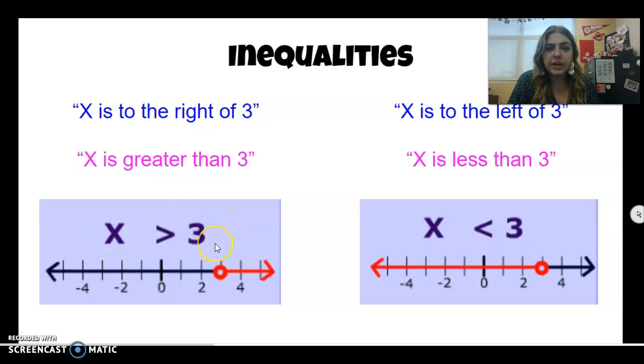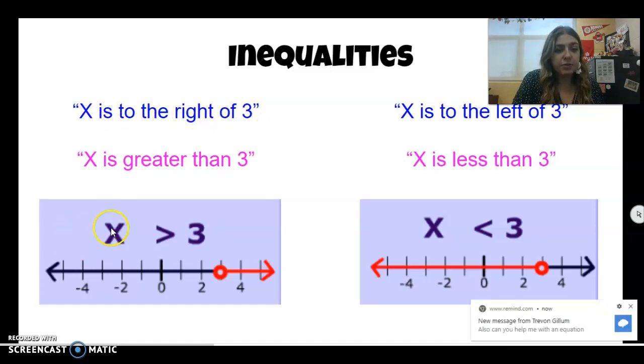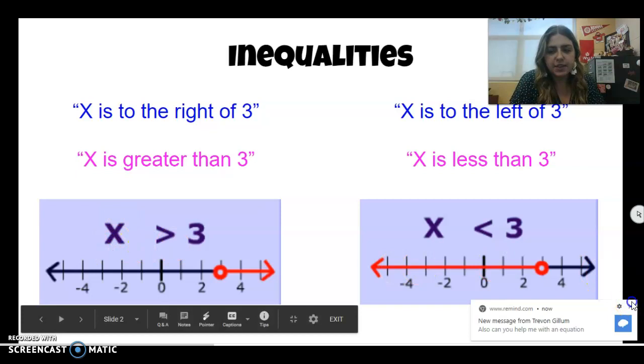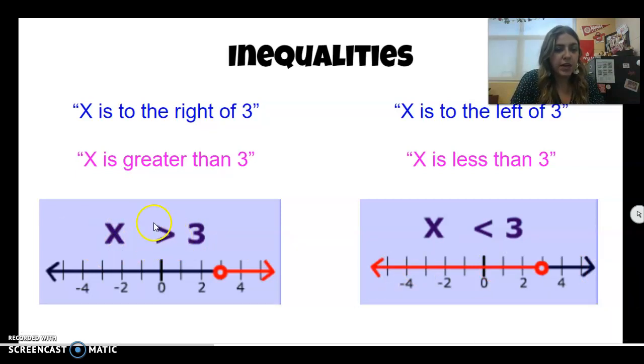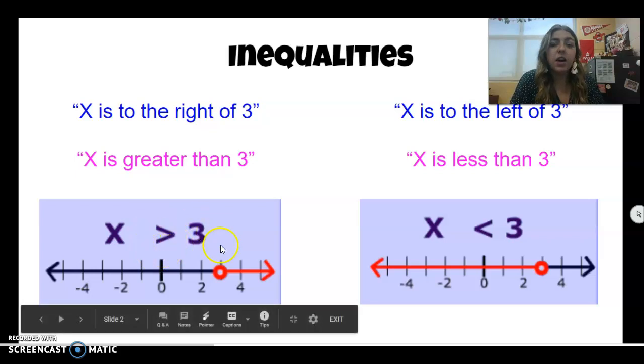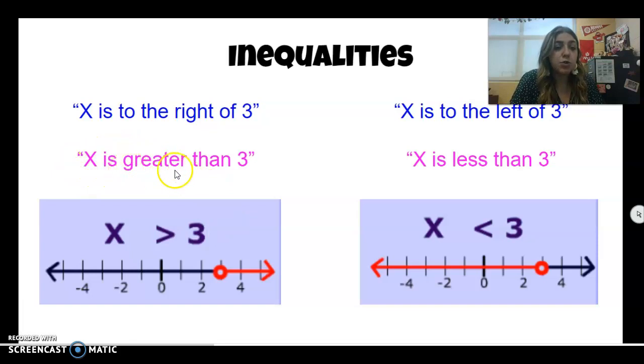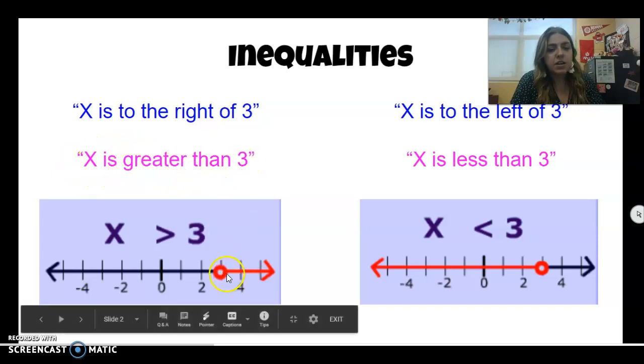one way we can read an inequality, because a lot of times that's where we get confused, is like this. So x is to the right of 3. And if we look down here, the arrow is pointing to the right of 3. And this says x is greater than 3, because anything on the right of 3 on a number line is greater than 3.